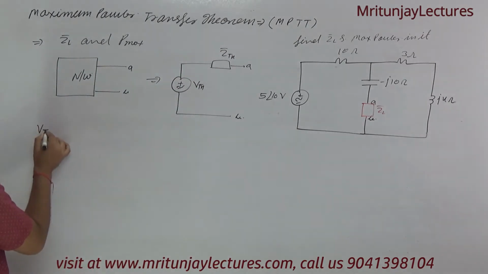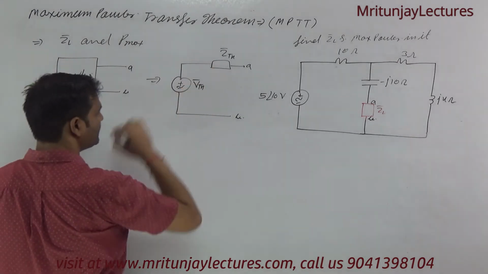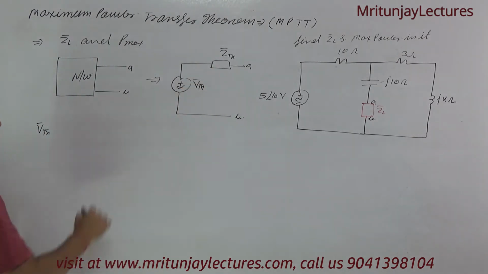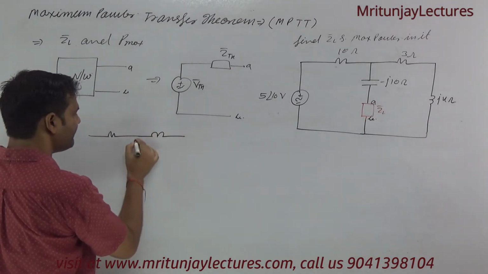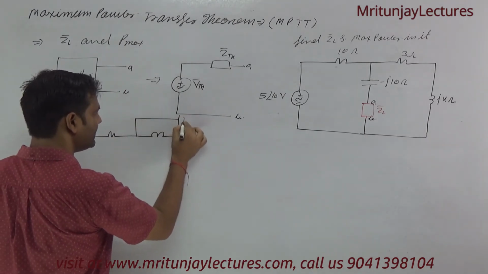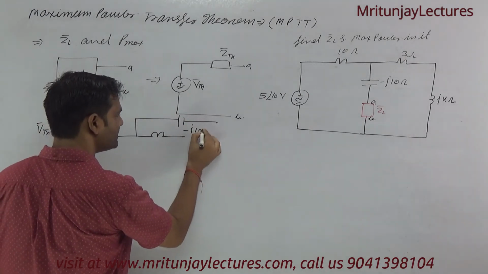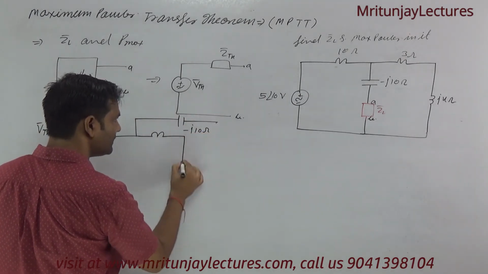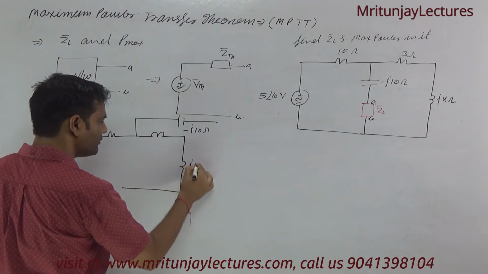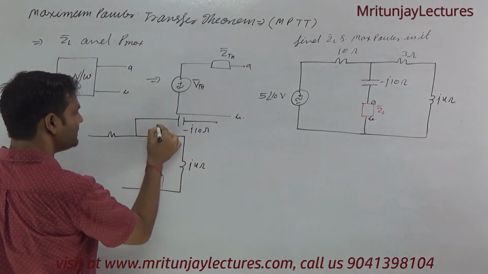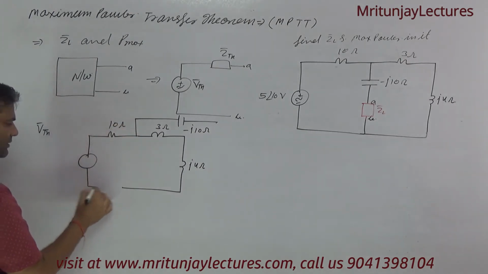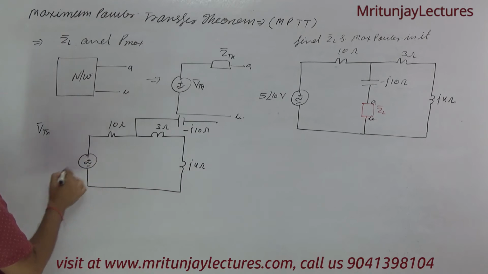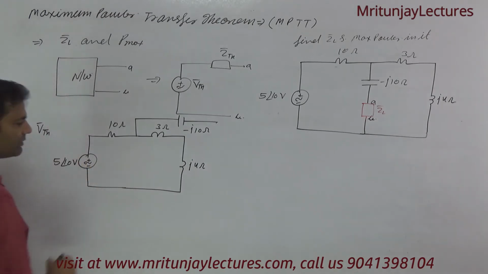So we focus on VTH. If you want to determine VTH, make the circuit once again. That is 10 ohm, minus J10 ohm, J4 ohm, 3 ohm, and 10 ohm, and plus minus 5 at the angle 10 volt.